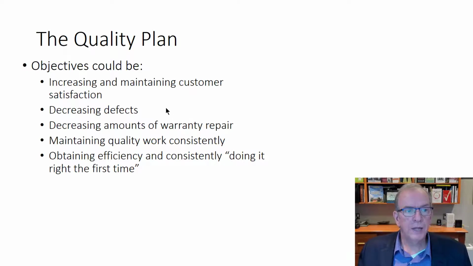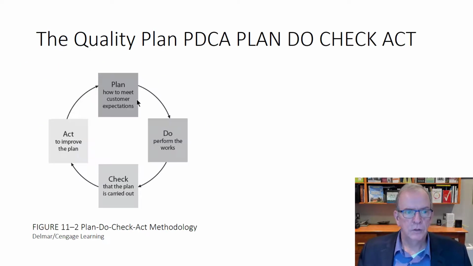So the quality plans, the objectives, could be increasing and maintaining customer satisfaction, decreasing defects, decreasing amounts of warranty repair, maintaining quality work consistently, obtaining efficiency, consistently doing it right the first time, and reducing variation. So this is PDCA, and if you study any kind of quality management, this is going to come into the realm. We call it PDCA. You might also call it PDSA. It's really the same thing.